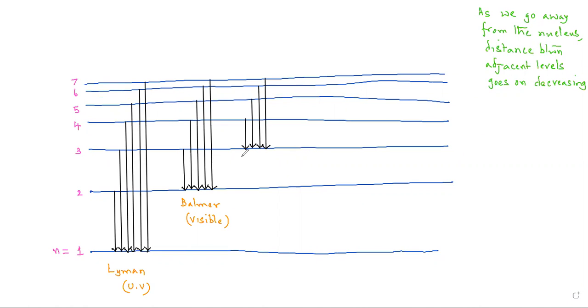From any higher to the third orbit. Okay, let me just tell you this. When electronic de-excitation occurs from any higher energy level to the third orbit, you get the Paschen series in the near IR region. Come on. From any higher energy level, let us go for the fourth orbit.